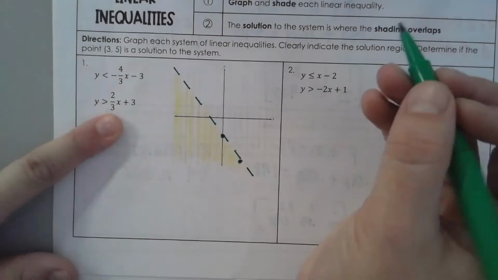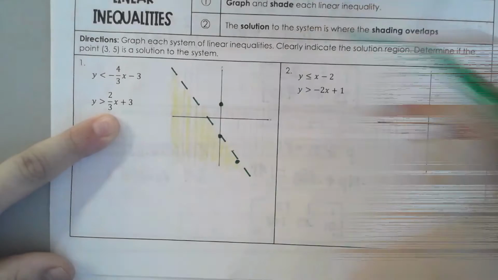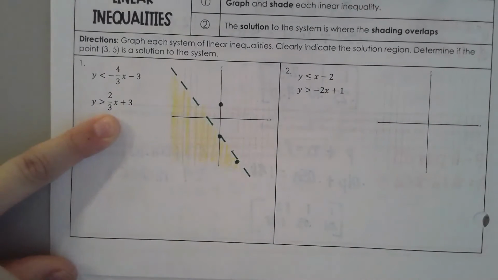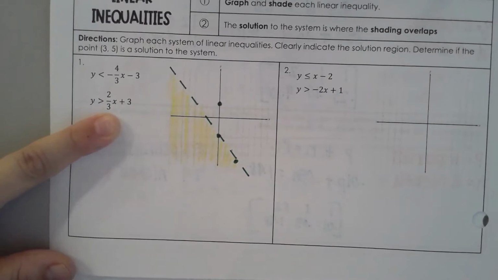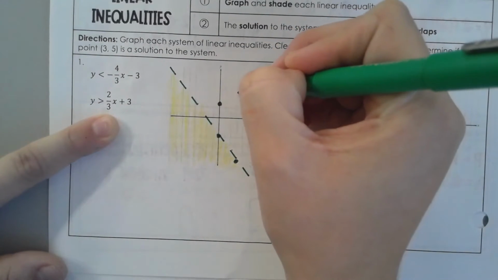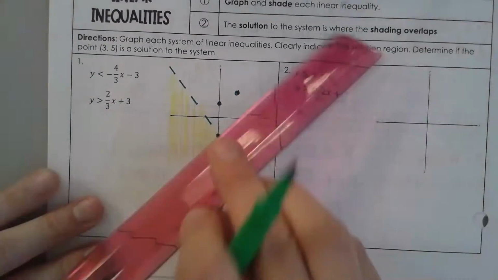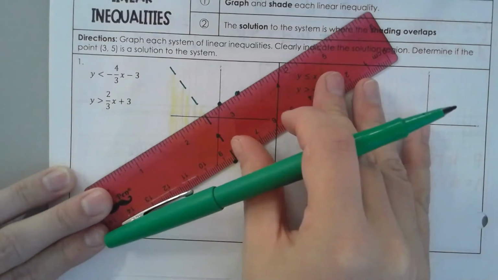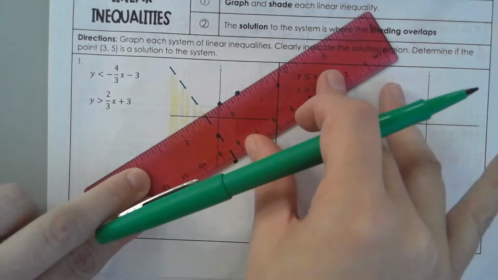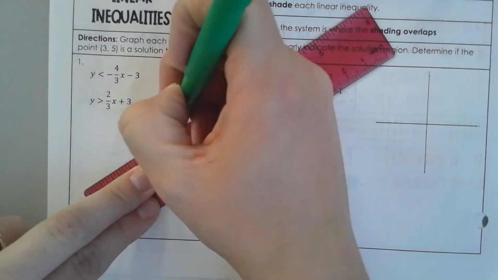So the second line has a y-intercept of 3 and a slope of 2/3. So you go up 2, right 3. Dashed or solid? Dashed.